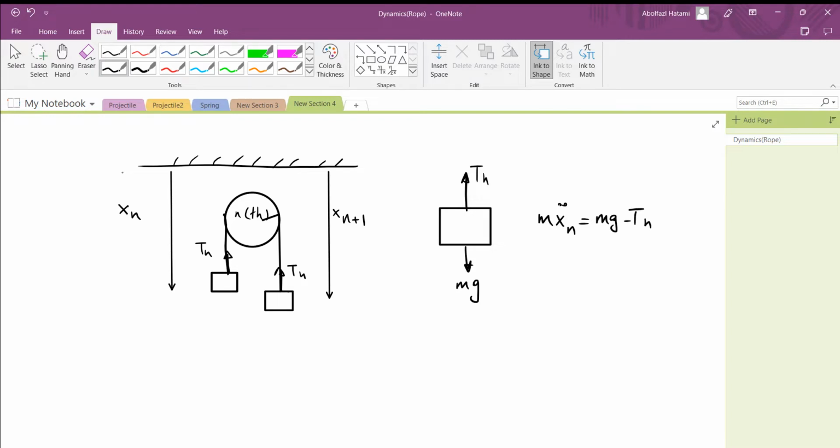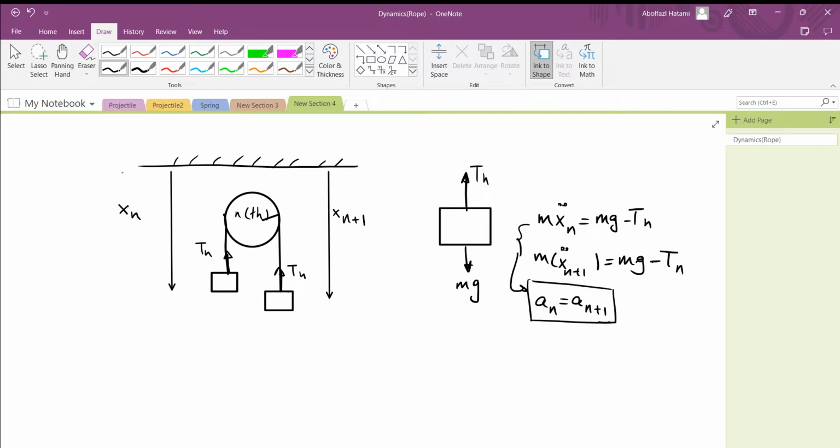For the n plus 1th block, m x double dot of n plus 1 is again m times g, because the masses of the blocks are equal, minus T_n, because the tension in the rope is again constant. So from these equations we can obtain that a_n, which is x double dot of n, is equal to a_{n+1}.